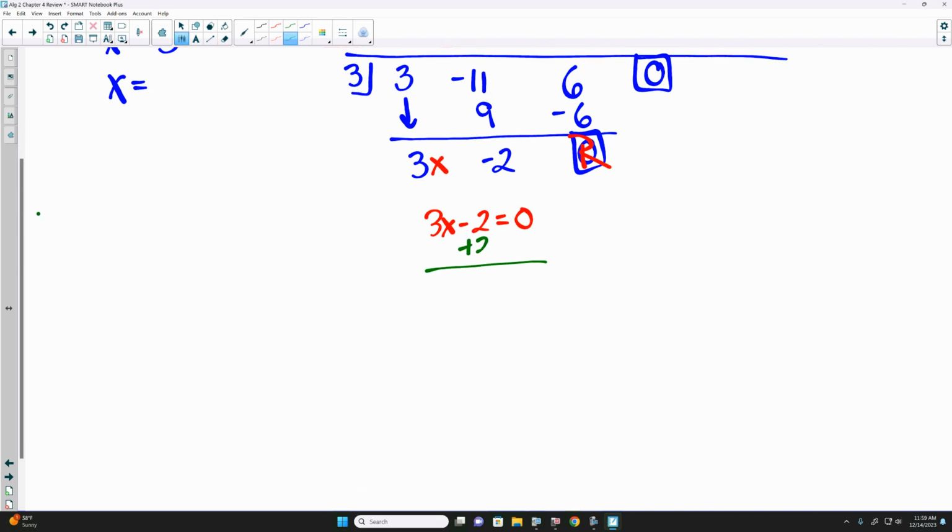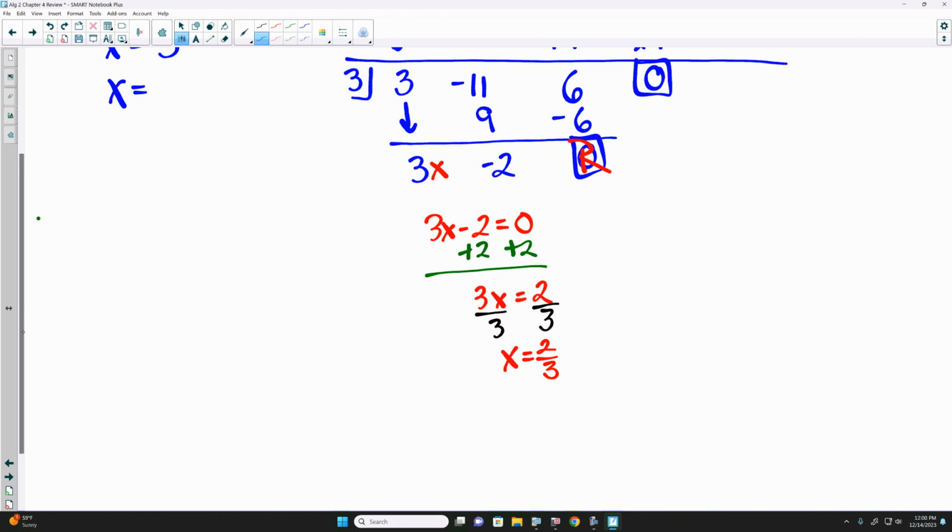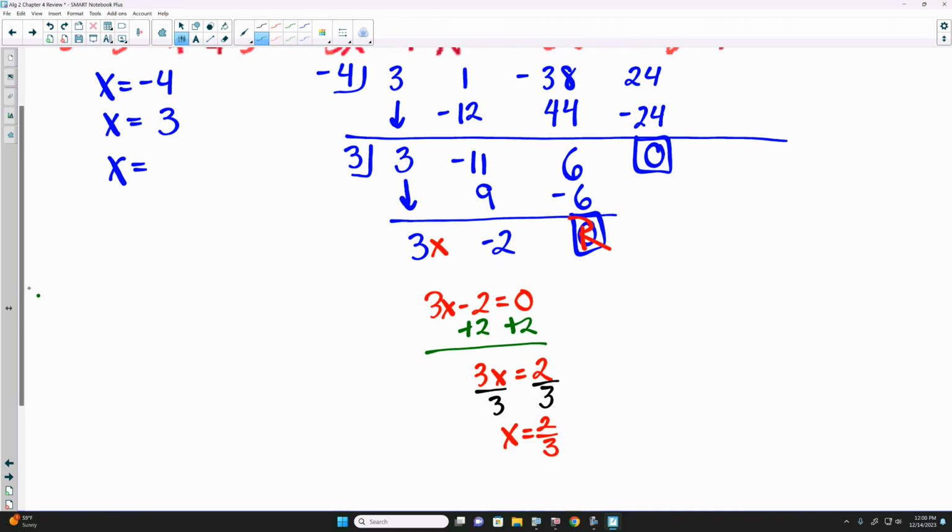The first thing we can do is add 2 to both sides, telling us 3x is equal to 2. And the last thing we need to do is divide both sides by 3, telling us x is 2/3. So our solution for this here is negative 4, 3, and 2/3.